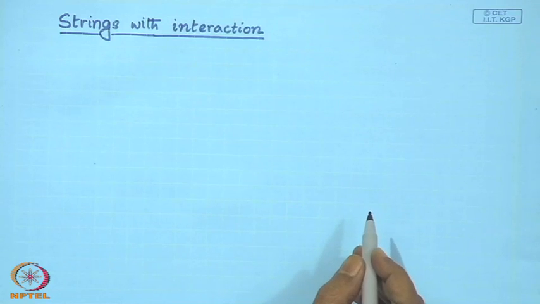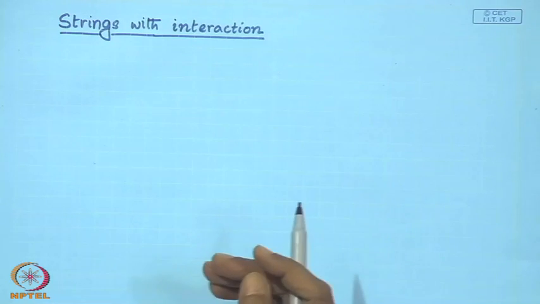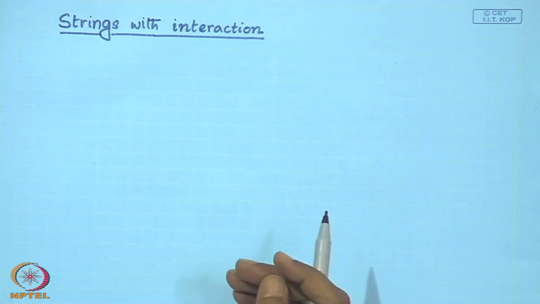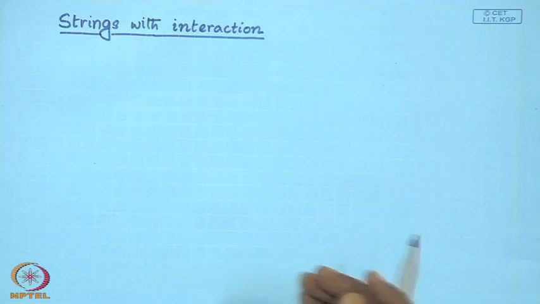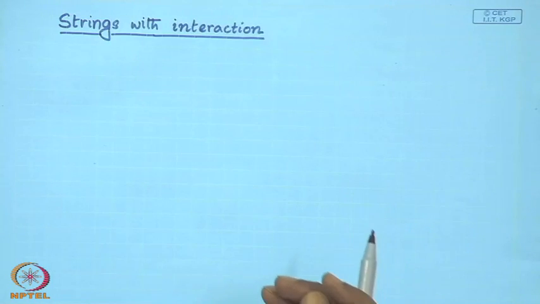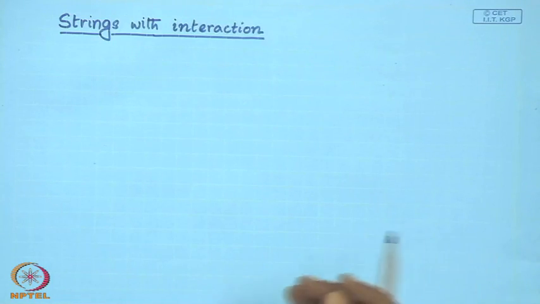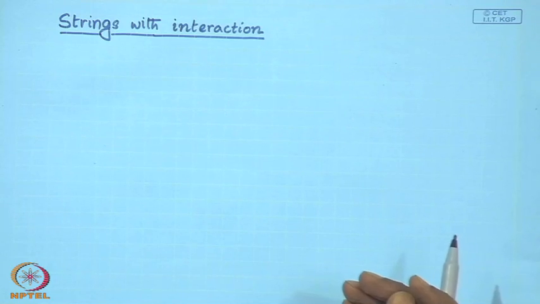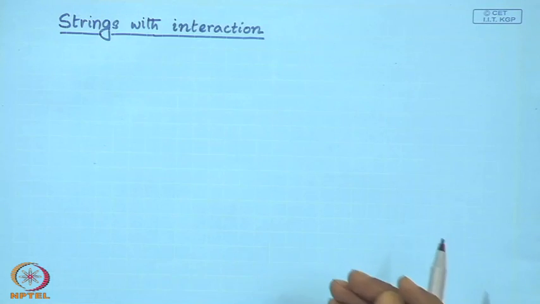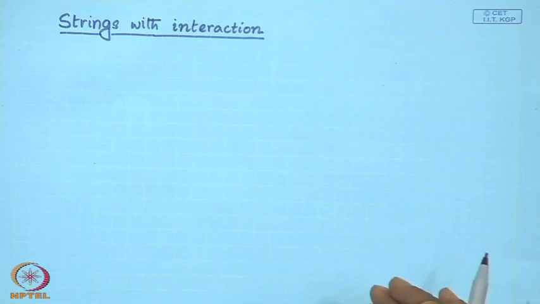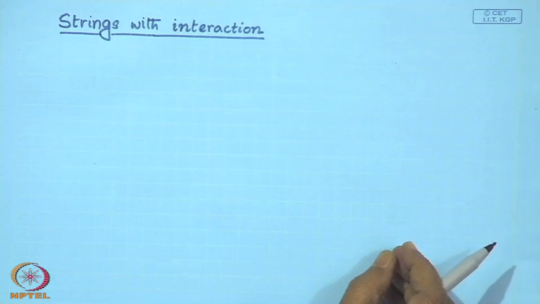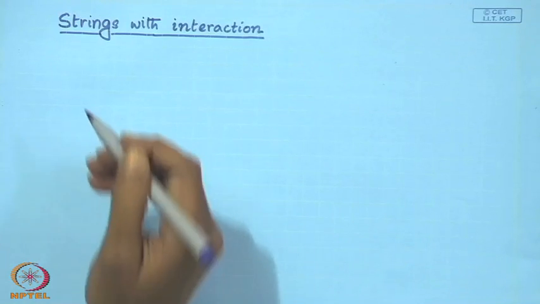By the term interaction, I would mean that the string is in contact or is connected to another system or an actuator, or it could be a passive system like an absorber or a damper. So, let us look at some examples of strings with interaction.